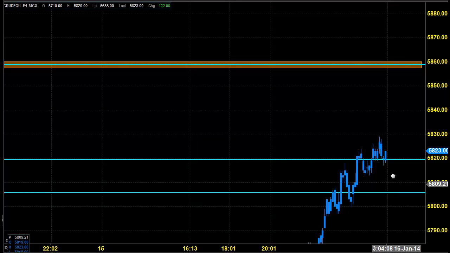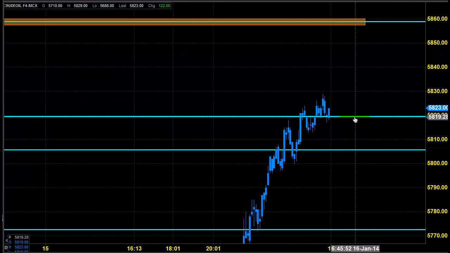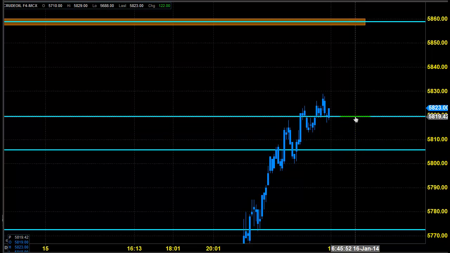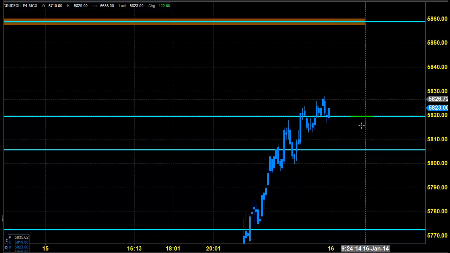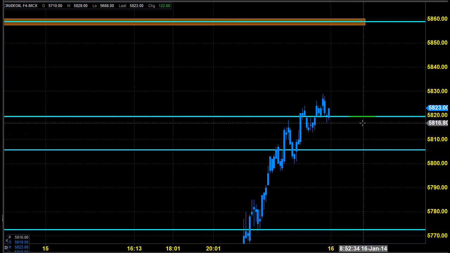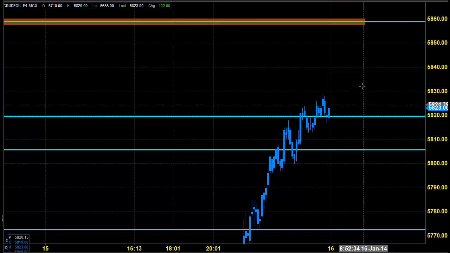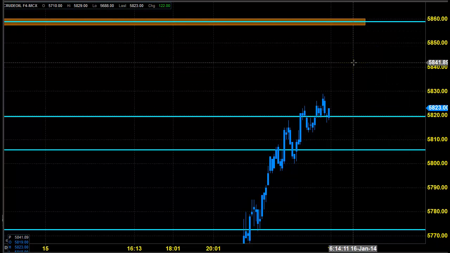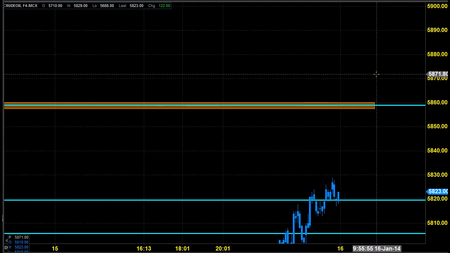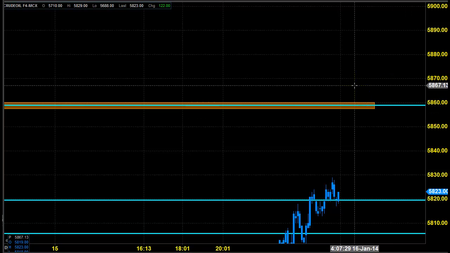Today the expected price opening is going to be somewhere below 5820. So these are the two major zones in this contract for the days to come: 5820 and 5860. Only if we get a price closing above 5860, we can be very confident that crude oil has reversed its trend.